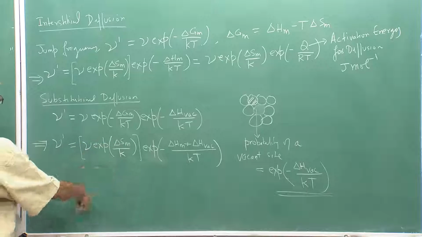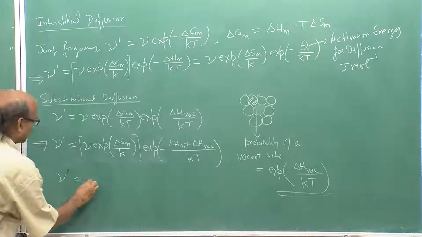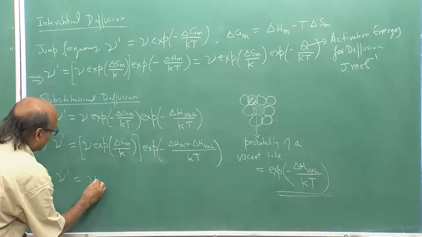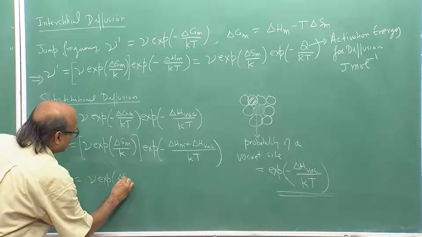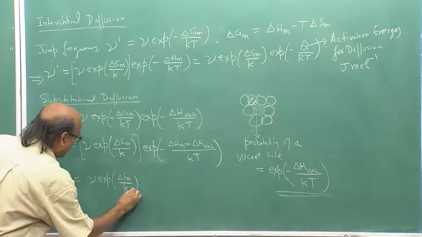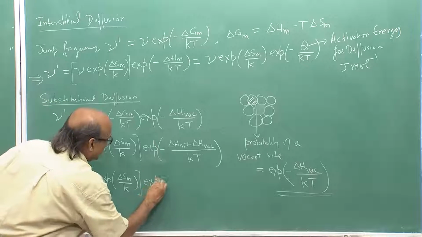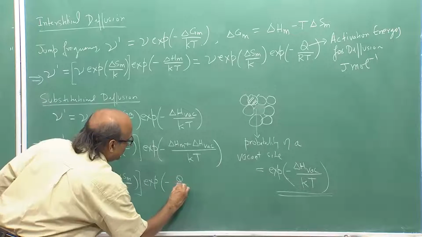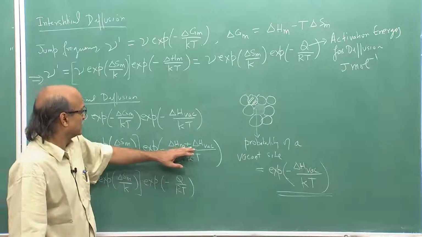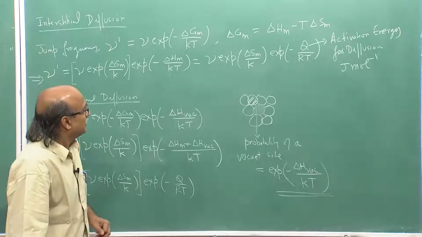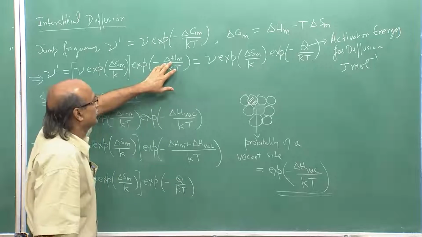Similar thing I can do for substitutional diffusion, and I can get an identical relationship: vibration frequency nu times exponential delta Sm upon k, the temperature independent part, times exponential minus Q divided by RT, where here Q consists of delta Hm plus delta H vacancy, while for interstitial diffusion Q simply consists of delta Hm.